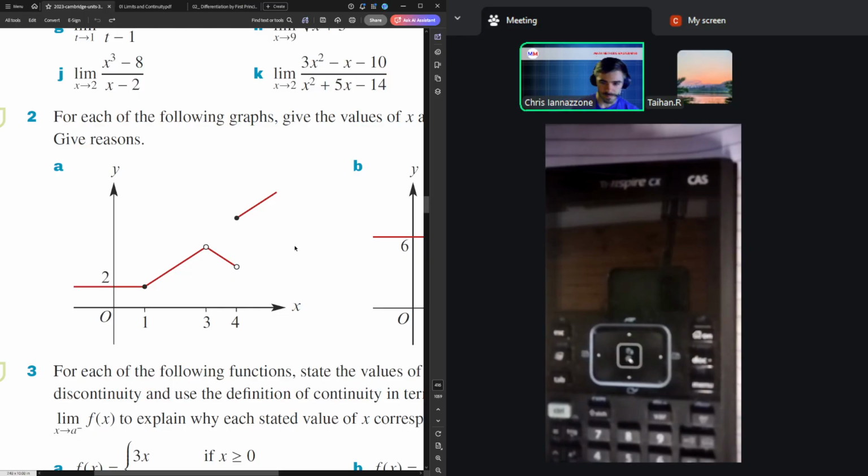And then the second one, I think it doesn't meet the second one, because when you look between x equals 3 and 4, it goes back the other way. I think for the second criteria, it's whether or not the two sides are converging onto the point.